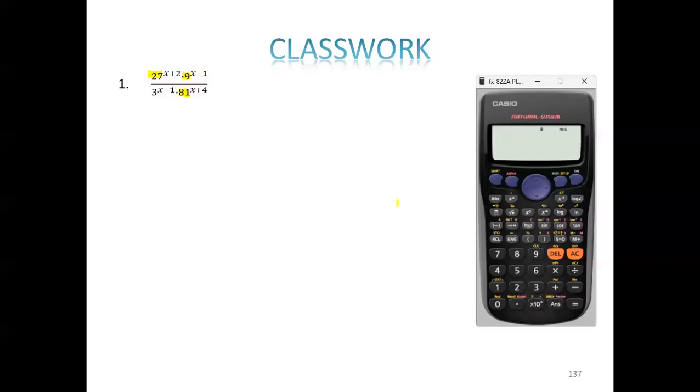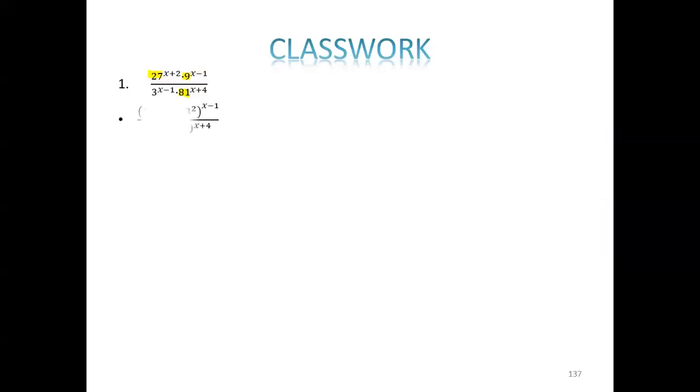What I'm going to do when I prime factorize is put them in brackets, and note that this exponent of 27 is still x plus 2. It's just that I'm changing 27 itself. So when I change 27, it will be 3 cubed, and when I change 9, it will be 3 squared. All I did here was prime factorize those, changing the bases.